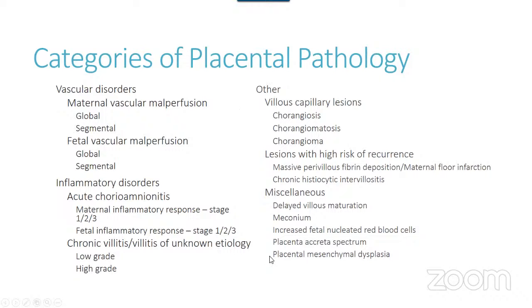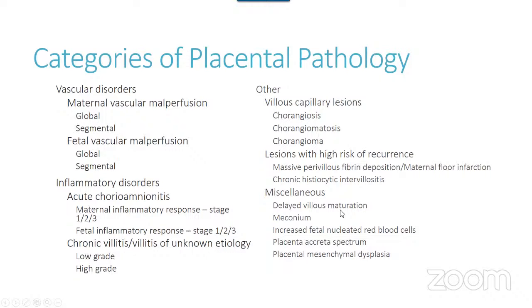And then you have the other category, which is fairly broad. You have villous capillary lesions, which are all the chorangiosis, chorangiomatosis, chorangioma, lesions with a high risk of recurrence. And then finally, things that we really can't put in any particular category at all, which is just miscellaneous.